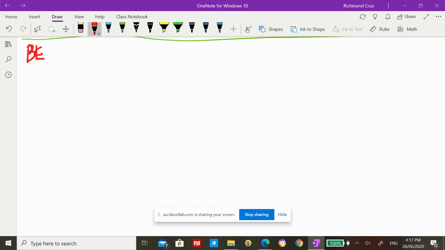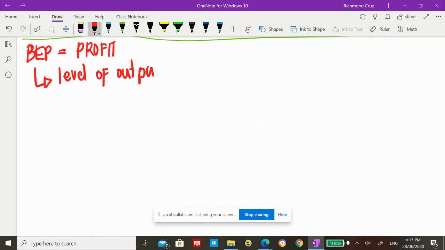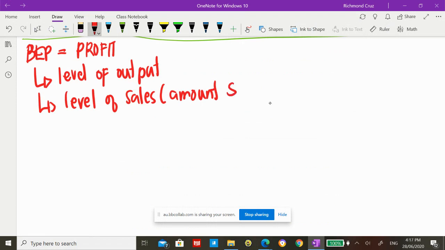Take note, the break-even point is the level of output and level of sales, where sales is an amount, in dollars or pesos, wherein our profit is equal to 0.